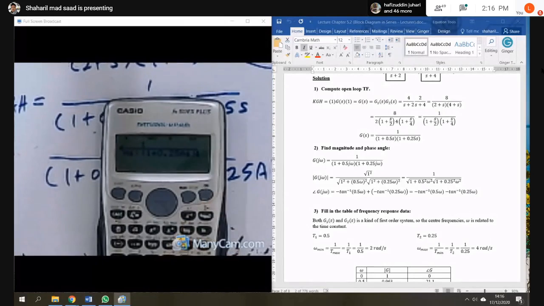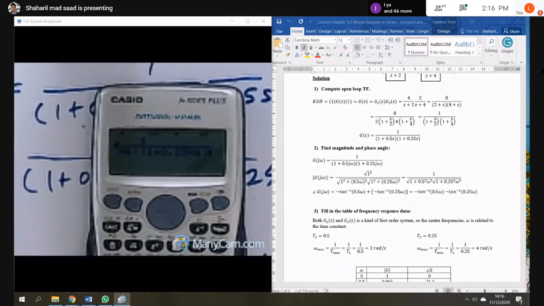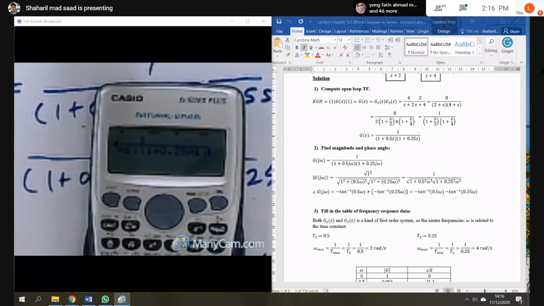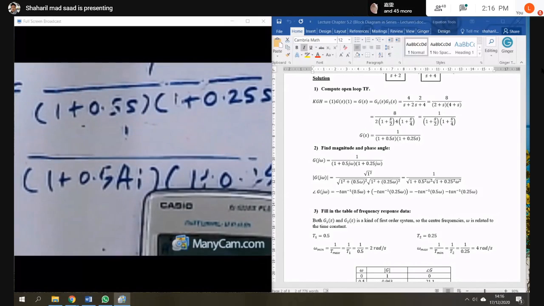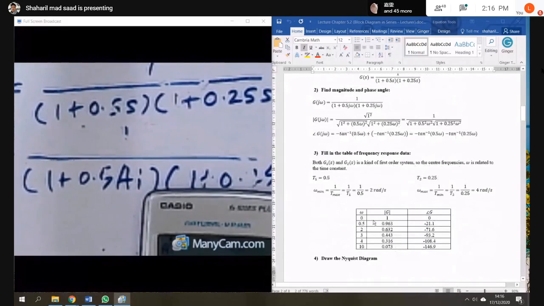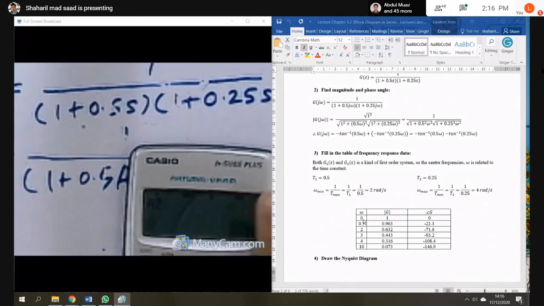Hopefully you can see that, right? Okay. So this is the maximum that I can zoom in. Right. So now you can calculate. For example, the value that we want to plot now is 0. Sometimes you cannot put 0 because it will give you infinity, so why not put 0.0001, for example.